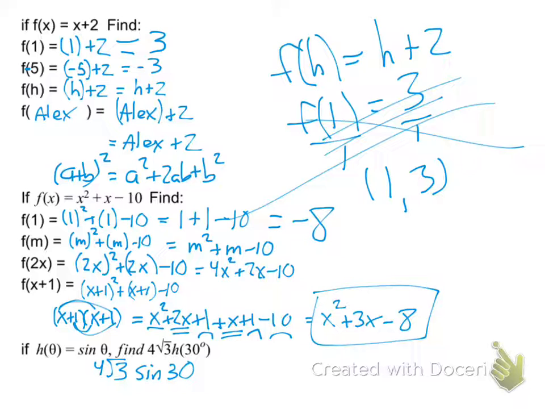If you don't remember what sine of 30 is, and hopefully by now you do, 1, 2, square root 3. What's the sine? Opposite over hypotenuse. It's 1 over 2. So that means it's 4 square root 3 times 1/2. And what's half of 4 times square root of 3? 2 square root 3. Done.